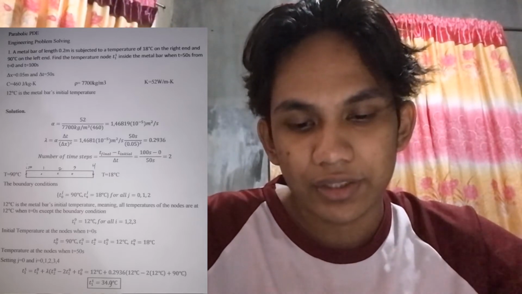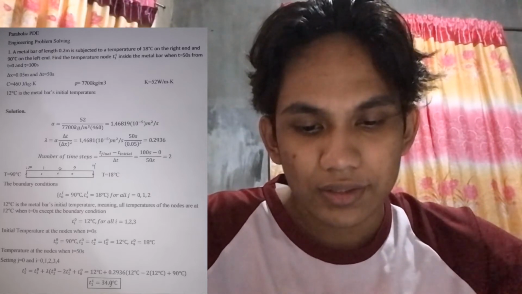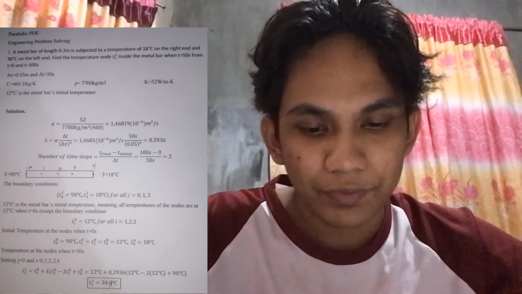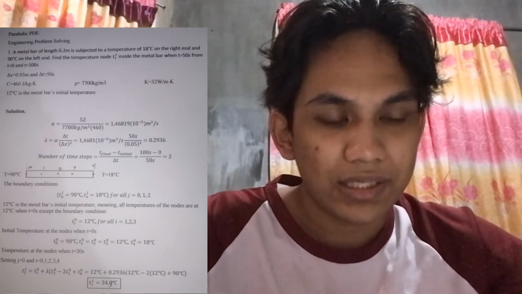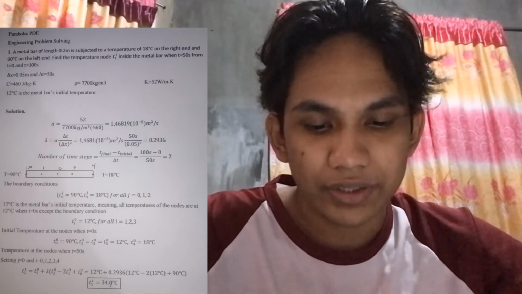So the boundary conditions are: T sub 0 raised to j is equal to 90 degrees Celsius, and T sub 4 raised to j is equal to 18 degrees Celsius for all j equal to 0, 1, and 2. 12 degrees Celsius is the metal bar's initial temperature, meaning all temperatures of the nodes are 12 degrees Celsius when time is equal to 0, except the boundary conditions.